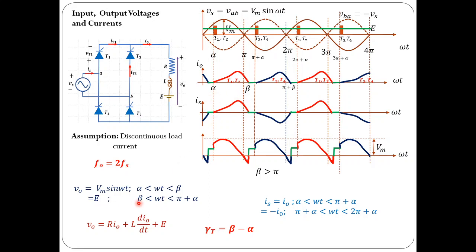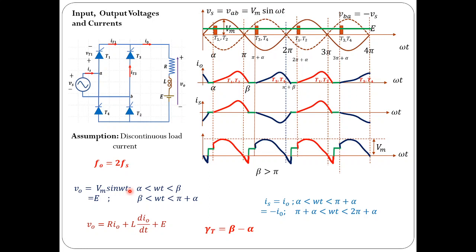From beta to pi plus alpha, the value of the output voltage is going to be the same as the battery voltage, because the current is 0. If the current is 0, the resistor voltage and inductor voltage become 0, so the load voltage is the same as the battery voltage. In case there is no battery, then the battery voltage is 0, so the output voltage is also going to be 0. I have considered a generalized load, that is, an RLE load.